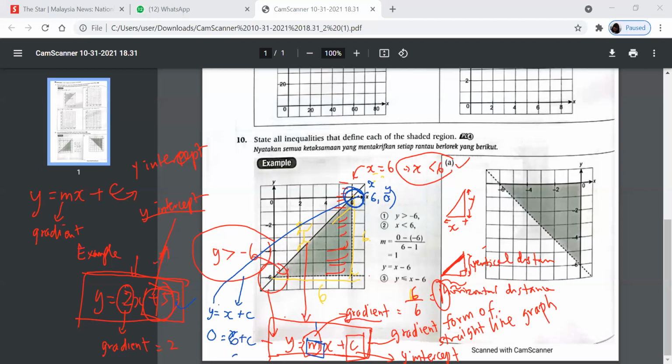So what is c? c is minus 6, we have to move it over. So you know the c already. Then what is the whole equation now? We substitute the c: y equals x minus 6. Done.